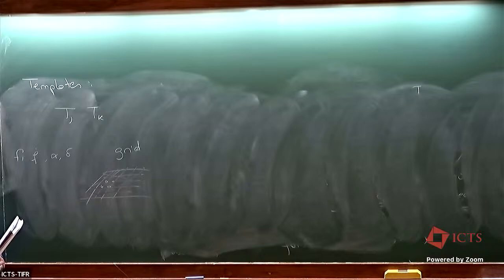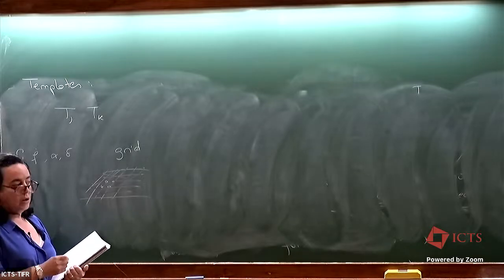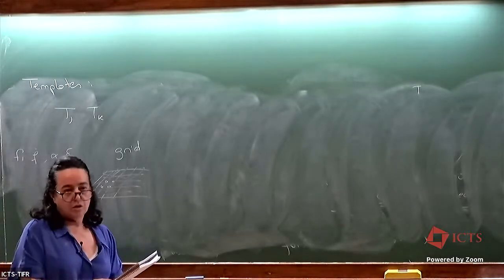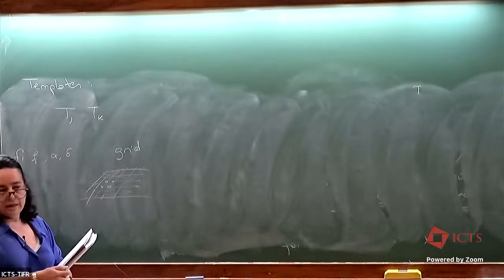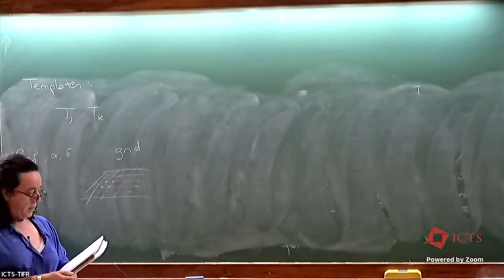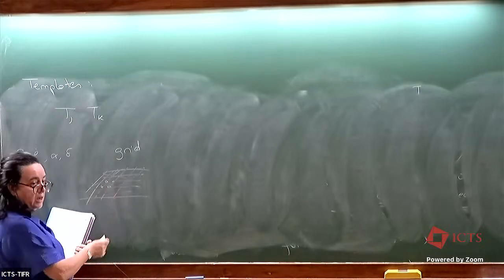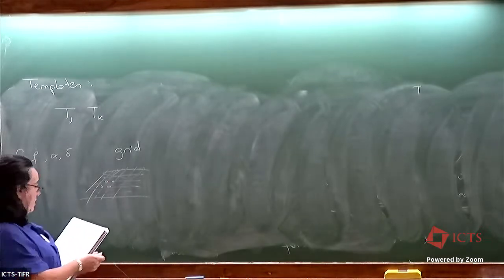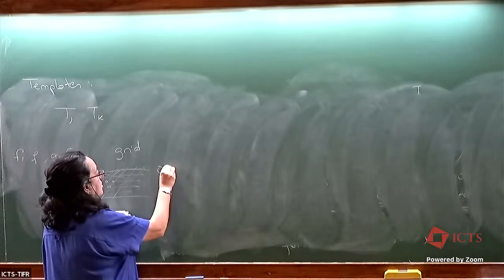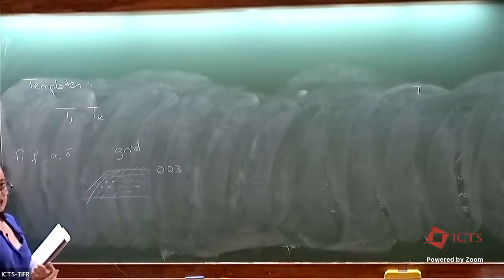This is my choice of how far away I want to place them. Basically, it is going to depend on the loss of SNR that I allow. Usually we choose a grid such that the loss in SNR is just 3%.